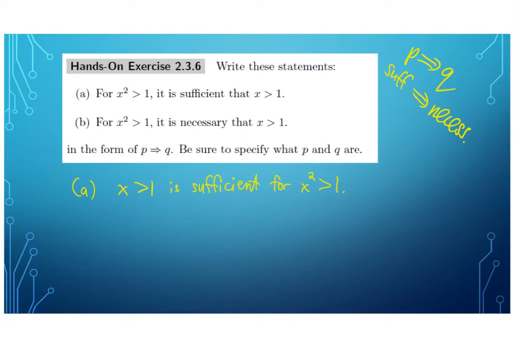That tells me that if I assume P is the statement x is greater than 1, Q is the statement x squared is greater than 1, my final answer is if P then Q is what part A says.